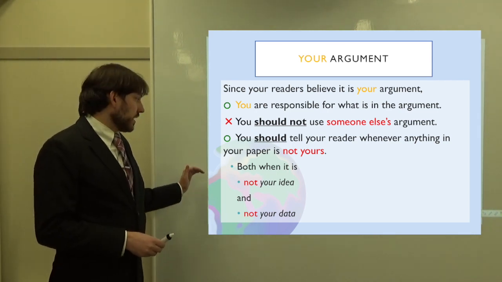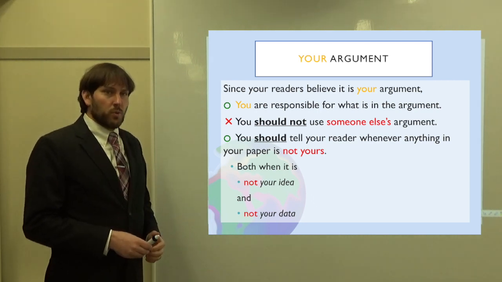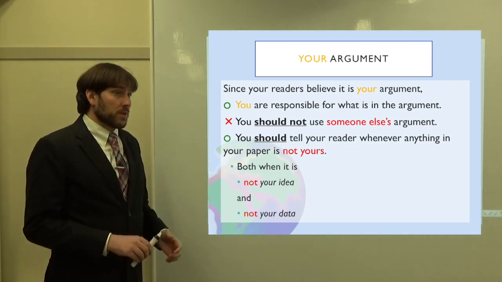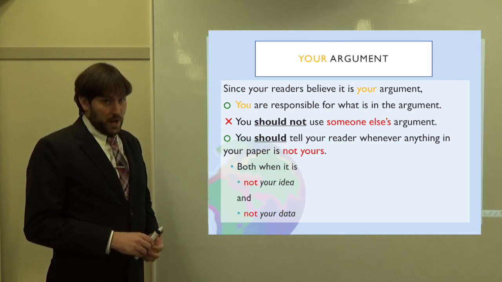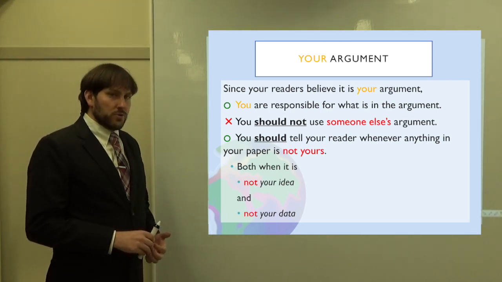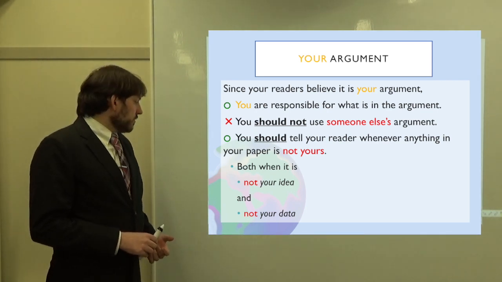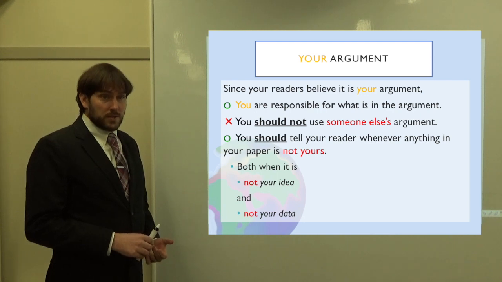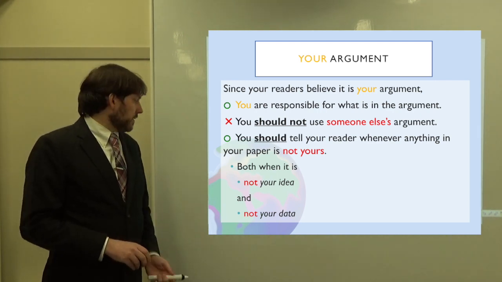So this is not just ideas, this is not just data, this is either. So if you want to mention something from the Ministry of Education, you need to show where the Ministry of Education said that. If you want to use data from the government or from some other researcher, you need to say where that data is coming from. And a big part of this is we want to look at how you do that.